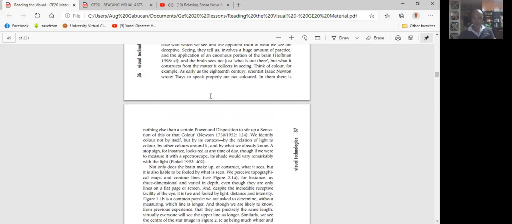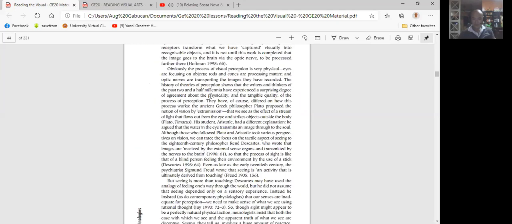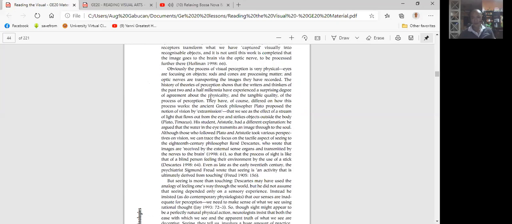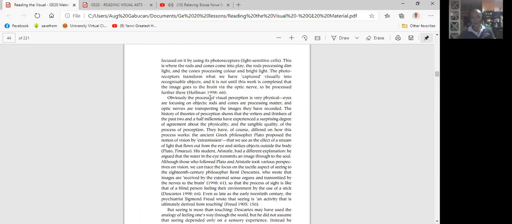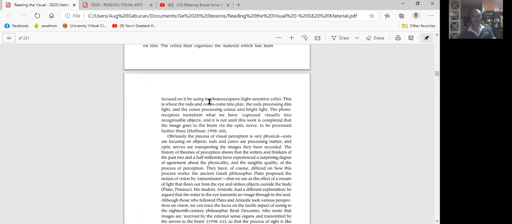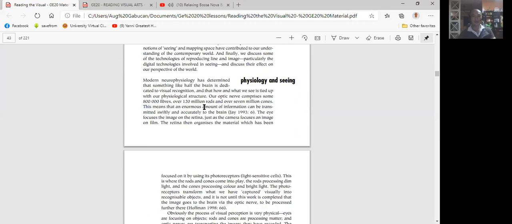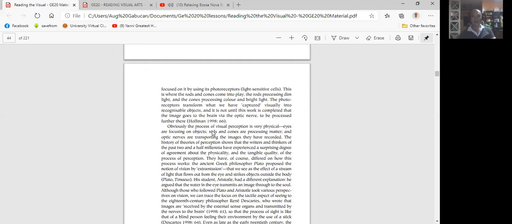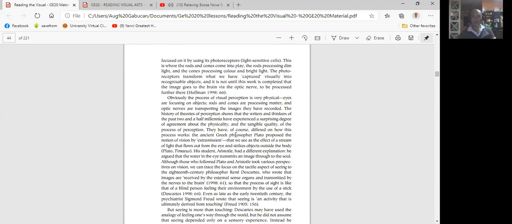So one important point here, some philosophers in the past, starting with Plato and Aristotle, also had ideas about their explanation on this. According to Plato, we see as the effect of a stream of light that flows out from the eye and strikes objects outside of the body.